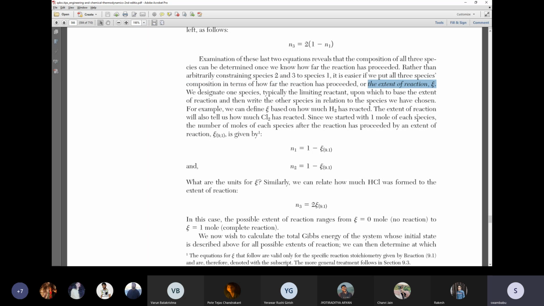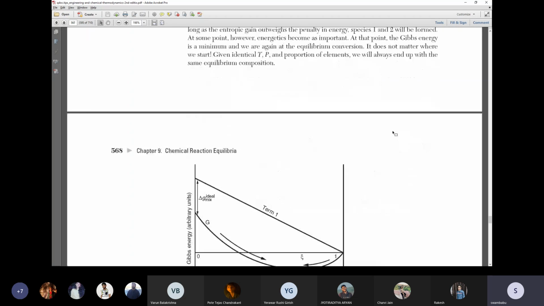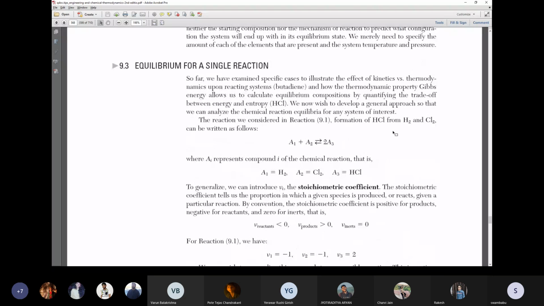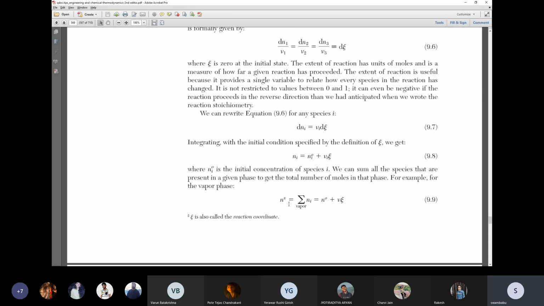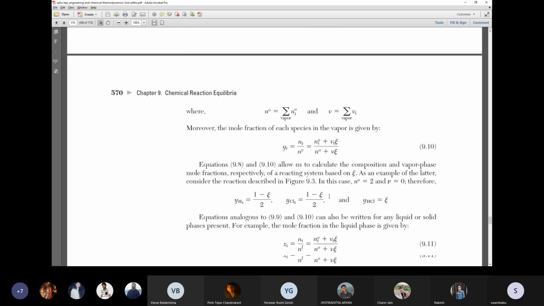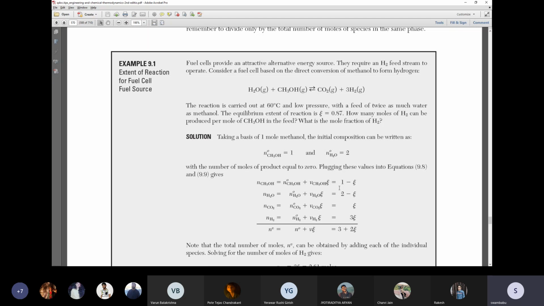I don't know whether you have heard of extent of reaction, expressing the mole fractions based on the extent of reaction. And this is the formula to find the composition based on the extent of reaction.